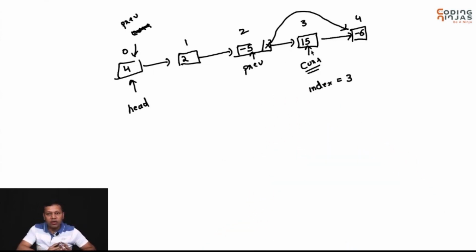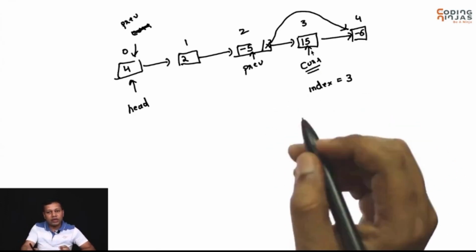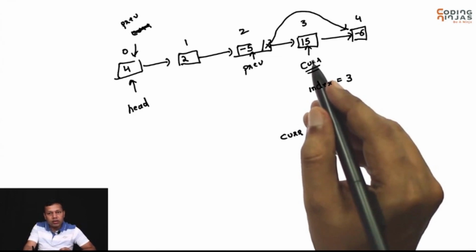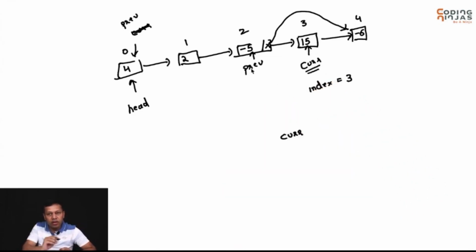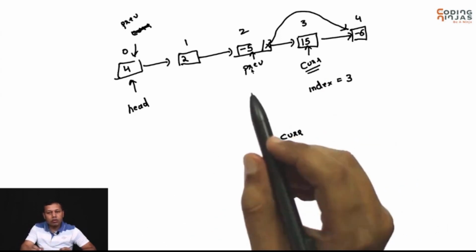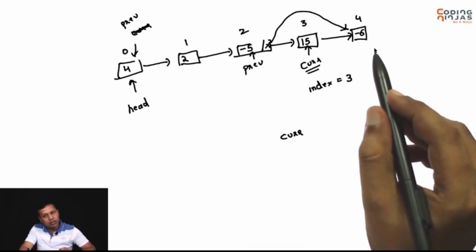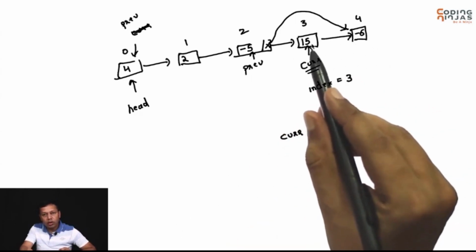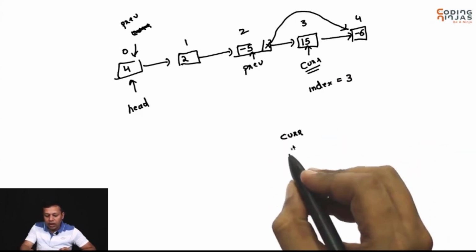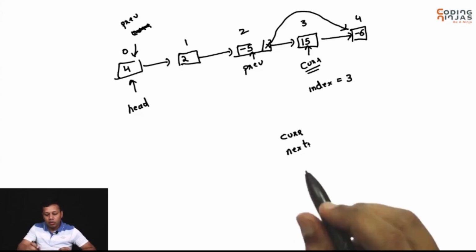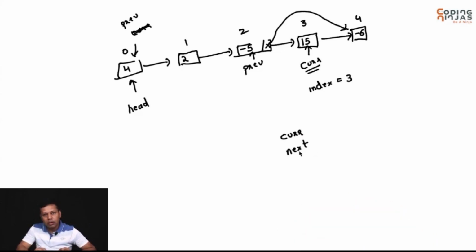If the node exists, maybe I can capture that in current. So my current is the node to be deleted, my previous is the previous node for my current node, and I also need next, which is what current is pointing to, and maybe I can capture that in next. Why do I need next as well?